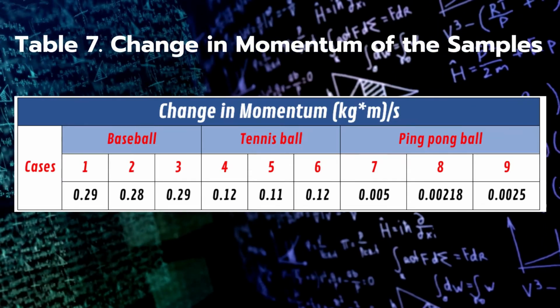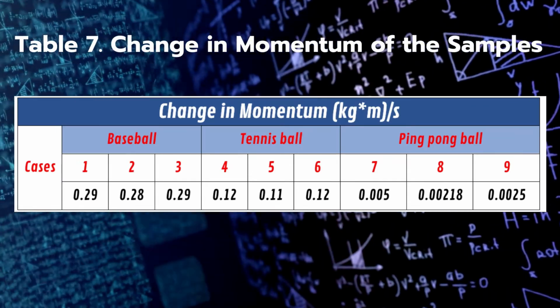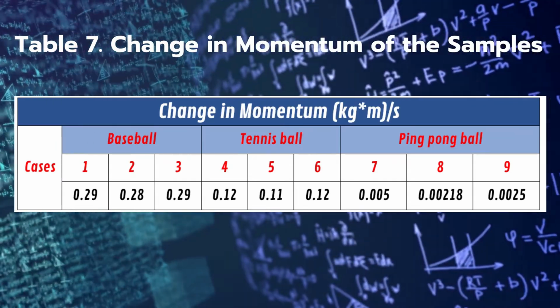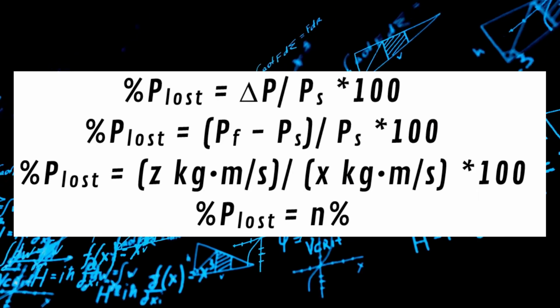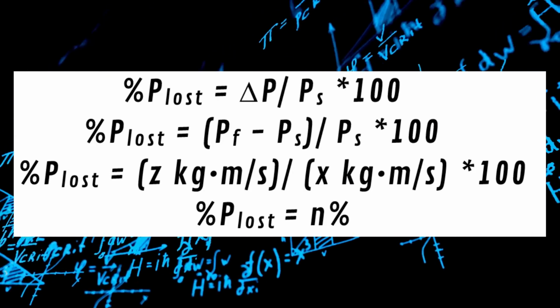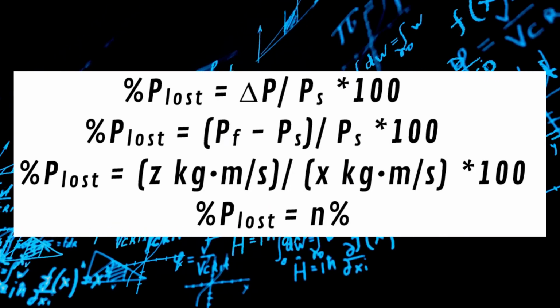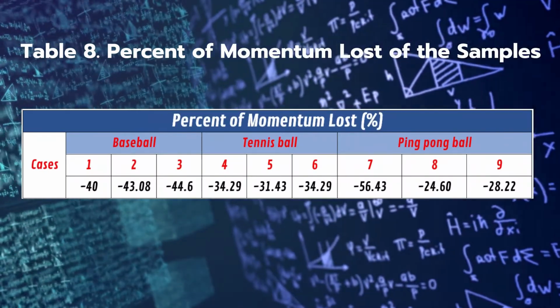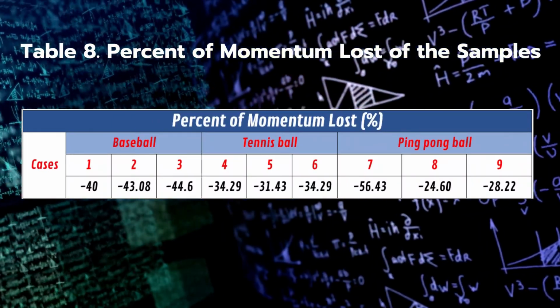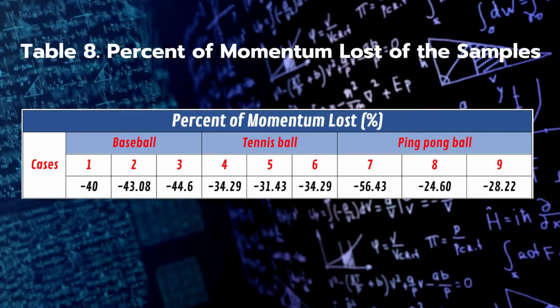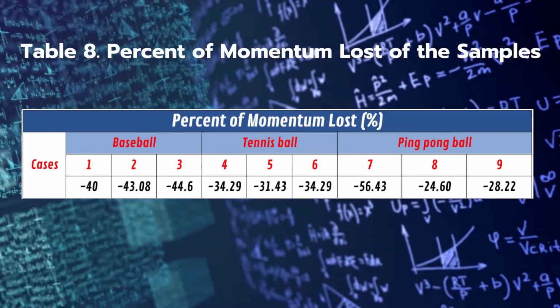Then the percentage of momentum loss. The formula is change in momentum over initial momentum. The given here in case 1 is 0.26 over negative 0.65 times 100. The final answer, or the percentage of momentum loss, is negative 40.